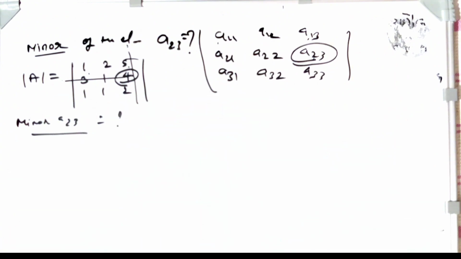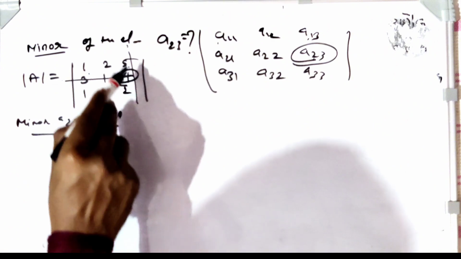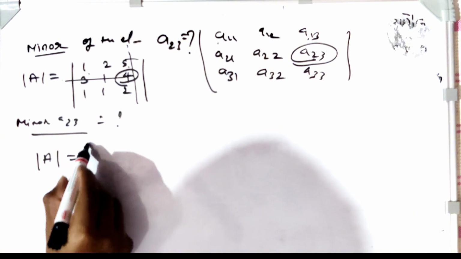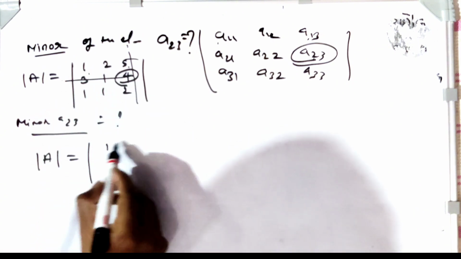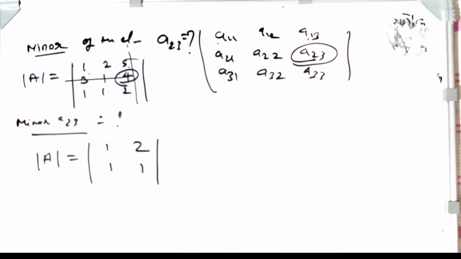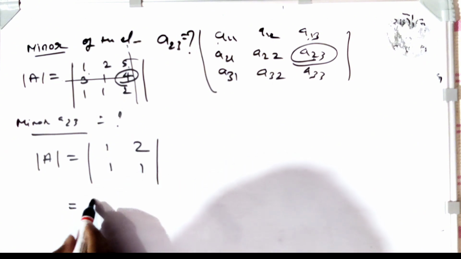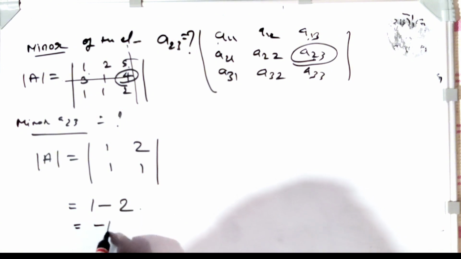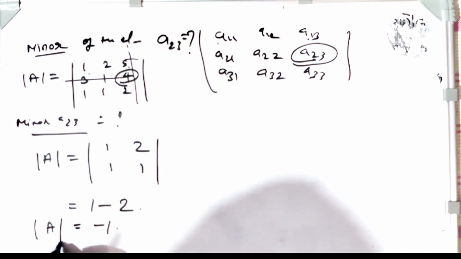By doing so, we get the matrix 1, 2; 1, 1. Find the determinant of this matrix and you will get the minor of the element A23. 1 into 1 is 1, 2 into 1 is 2, so 1 minus 2 is minus 1, the minor of the element.